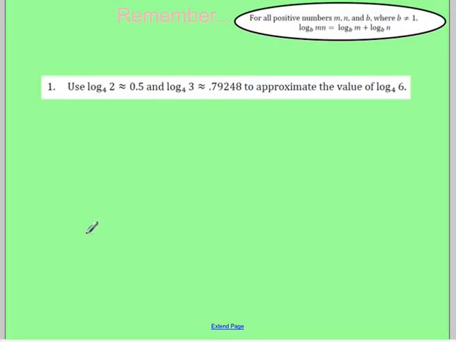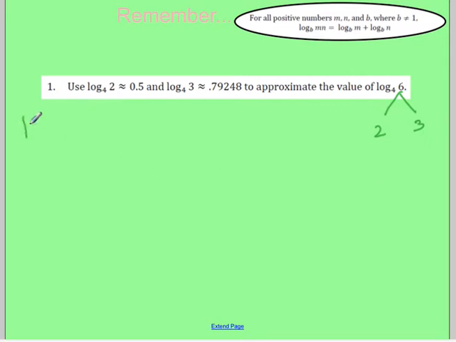Example 1, we want to use log base 4 of 2, which is approximately 0.5, and log base 4 of 3, which is approximately 0.79248, to approximate the value of log base 4 of 6. Well, I know that I can break 6 apart, and 2 times 3 is equal to 6.